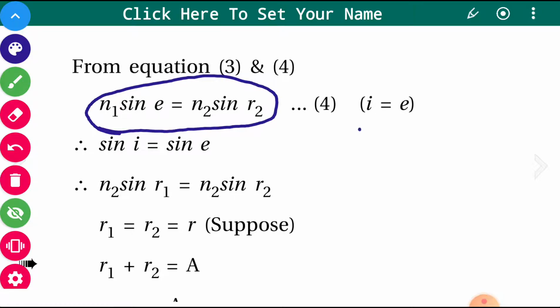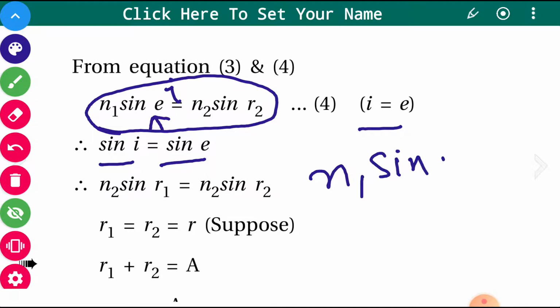Now I is equal to E, so we can write sine I is equal to sine E. Here, instead of this E, we can write I. So n1 sine I is equal to n2 sine R2.